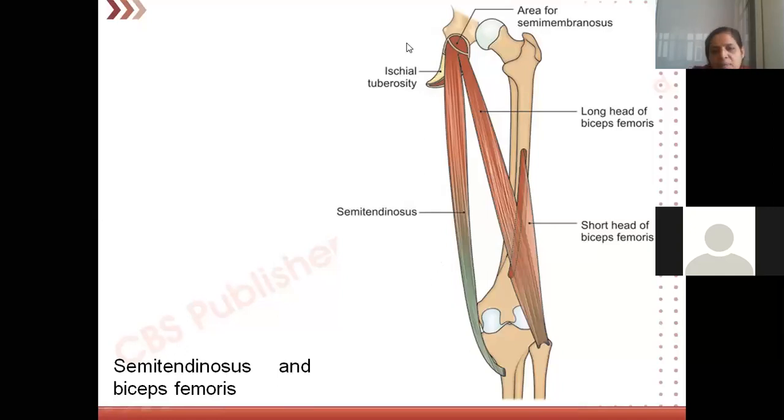So semitendinosus is getting inserted along with the two other muscles which act as guy-ropes: sartorius, gracilis, and semitendinosus. Now coming to the biceps, if you remember, at the superior surface of the head of the fibula, you will see the insertion of biceps.